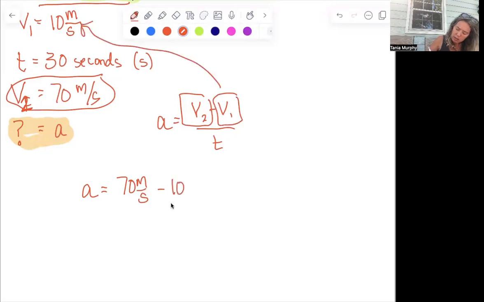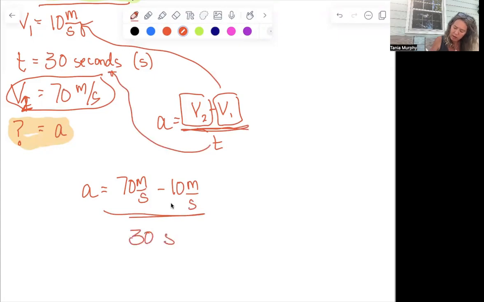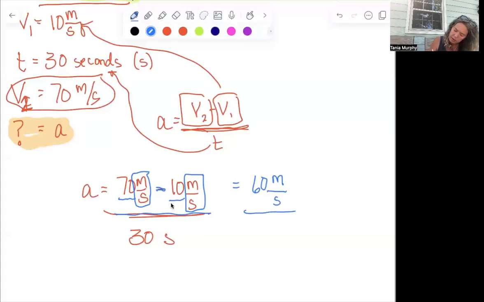So I'll put minus 10 meters per second divided by T. T is right there at 30 seconds, okay? Now, I'm just going to do 70 minus 10. That equals 60. And then a meters per second minus a meters per second is a meters per second. We'll divide that by 30 seconds.